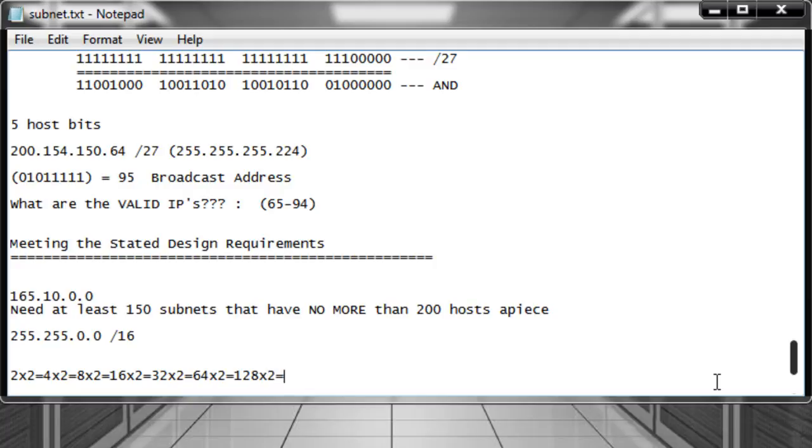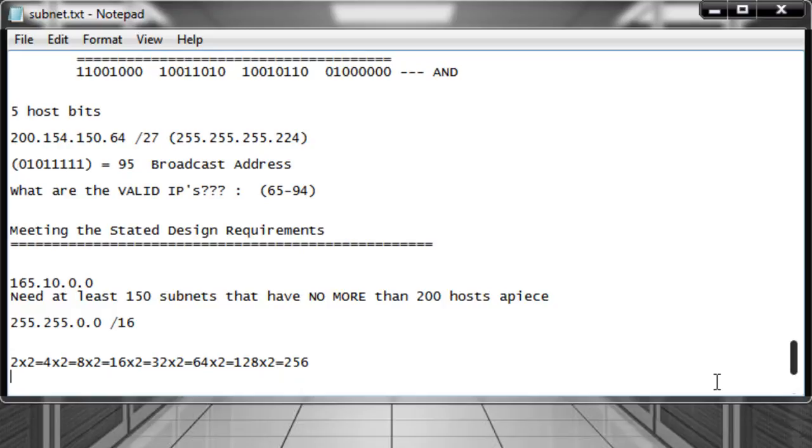Times 2 equals 256. Now that's well in excess of what we need. We need 150. 128 is too few. 256, even if it's minus 2, is well within our requirement. So right there, we're saying we need to borrow 8 host bits to give 256 valid subnets.